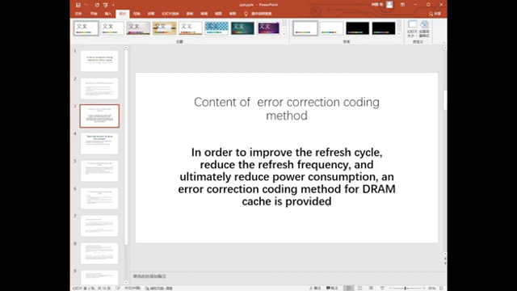The content of our error correcting coding method is to improve the refresh cycle, reduce the refresh frequency, and ultimately reduce power consumption. An error correction coding method for DRAM cache is provided.